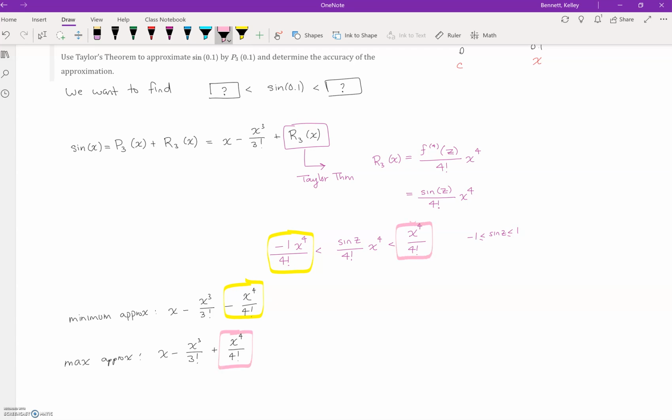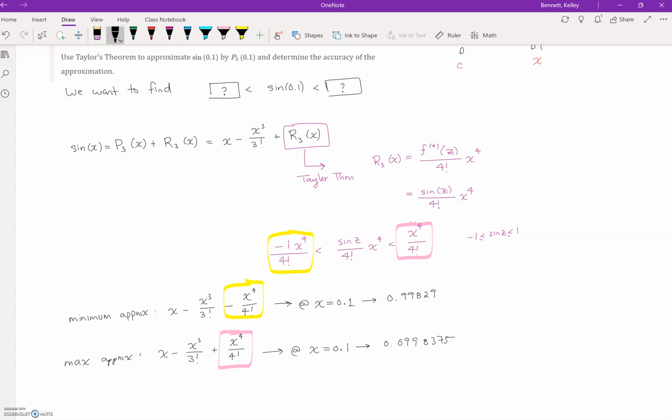So now that we have those, we can go ahead and plug in 0.1 for x, and we would get 0.09983, and we would get 0.0998375.